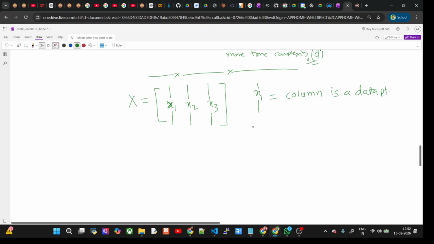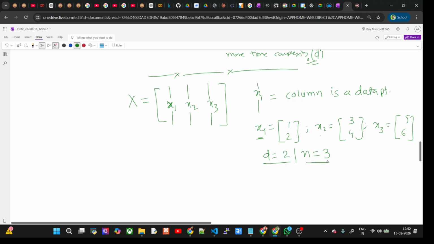For example, x1 is 1 comma 2, x2 is 3 comma 4, and x3 is 5 comma 6. Here d is 2 dimensions, and I have 3 inputs, so n is equal to 3.